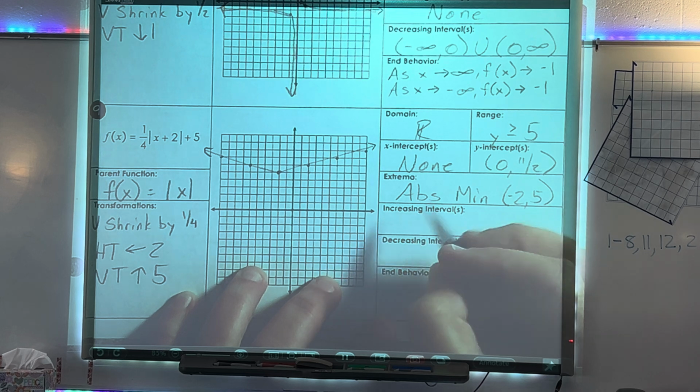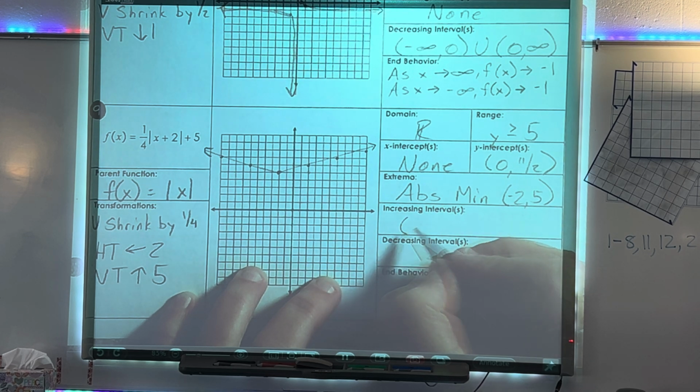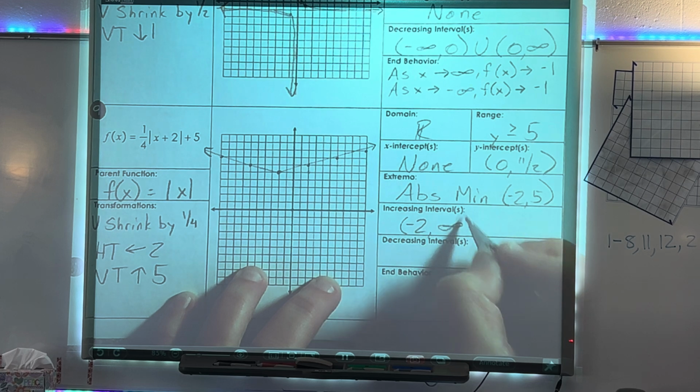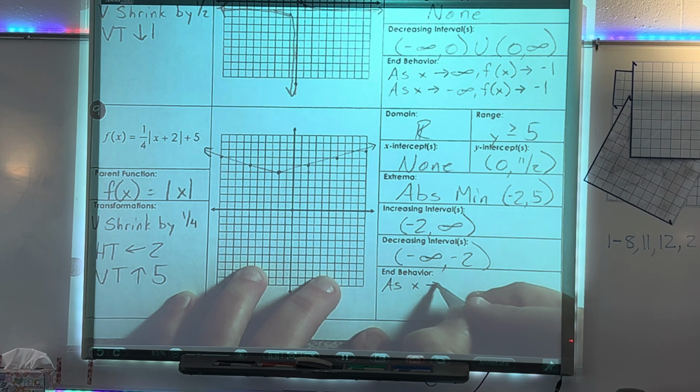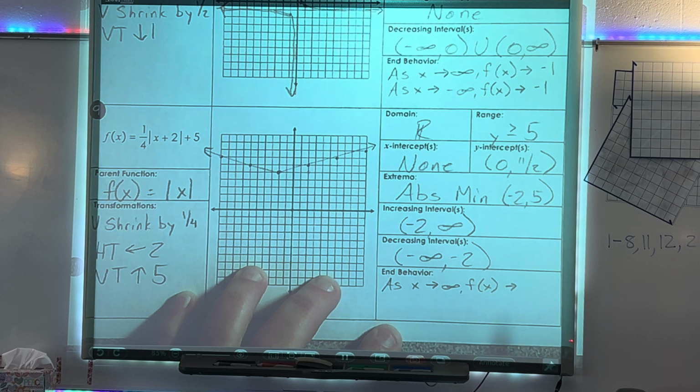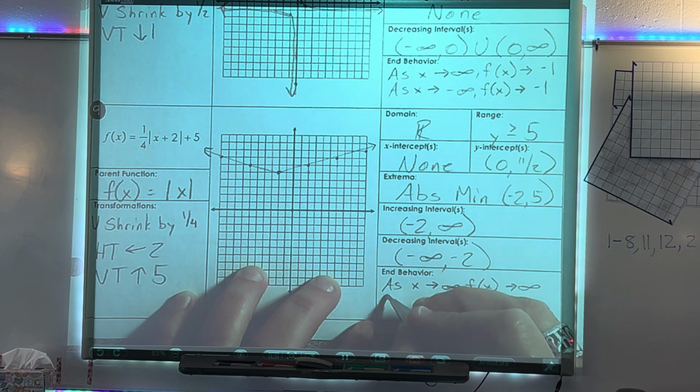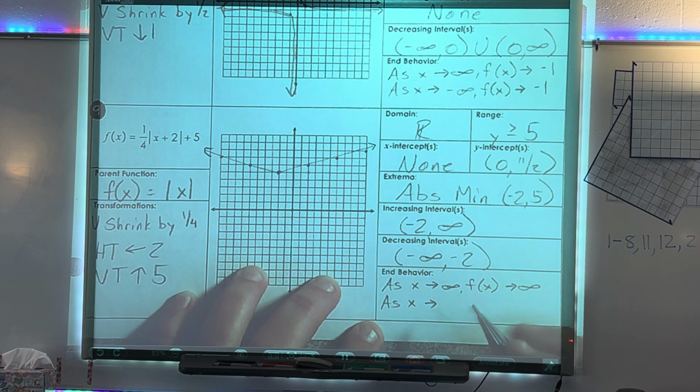Increasing from -2 to infinity, decreasing from negative infinity to -2. As x approaches infinity, f of x approaches infinity, as x approaches negative infinity, f of x approaches infinity.